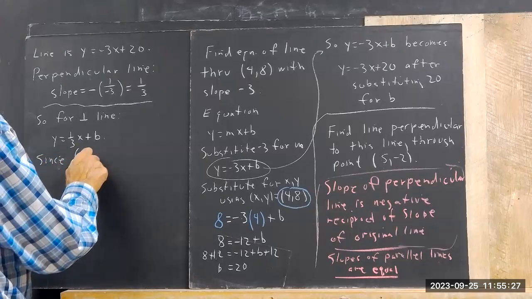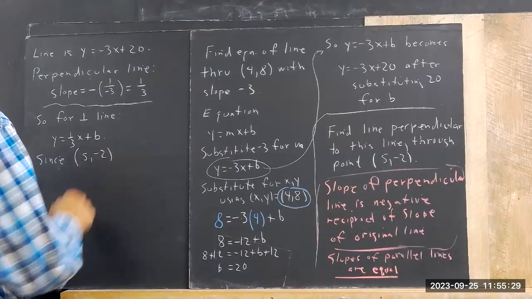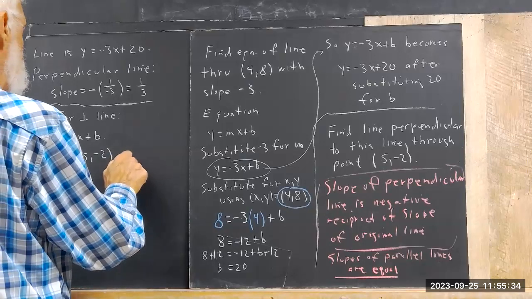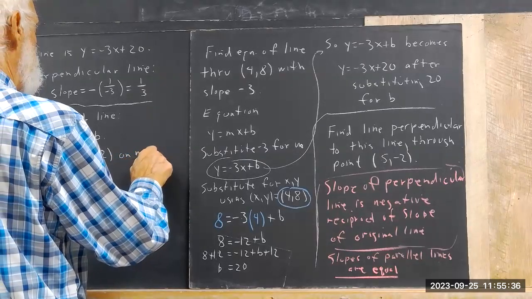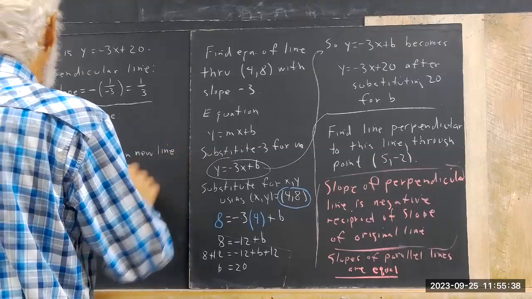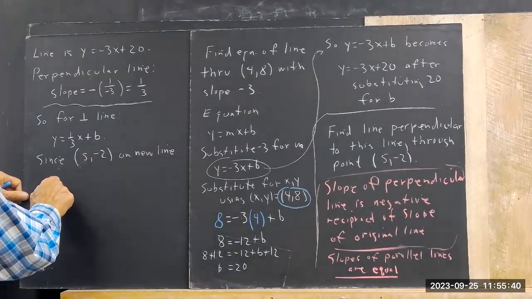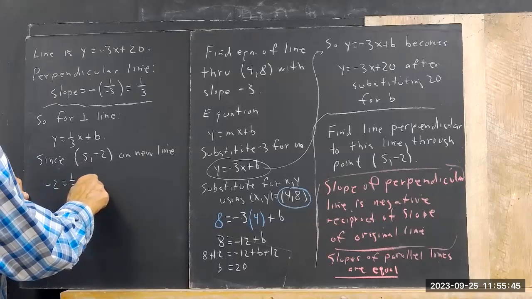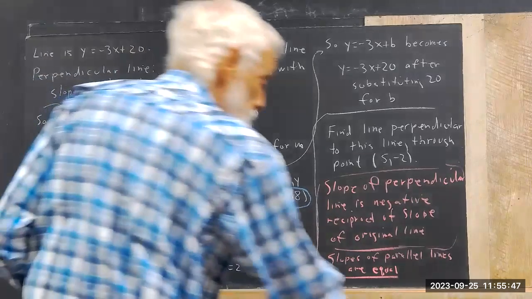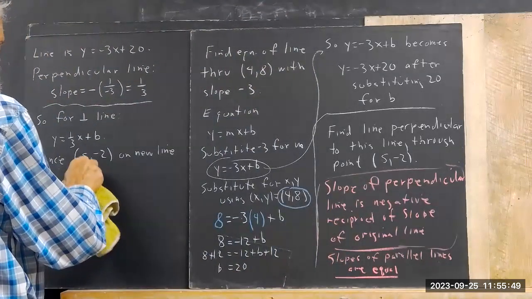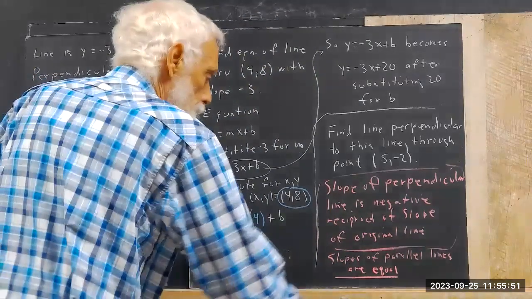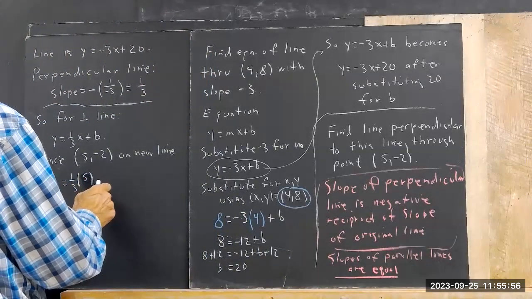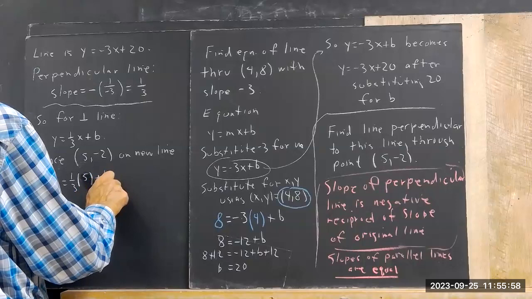Now, without going into complete detail, without writing out all the details, I'm just going to say since 5, -2 is on the new line, we get -2 equals 1/3 of 5, sorry, plus b.